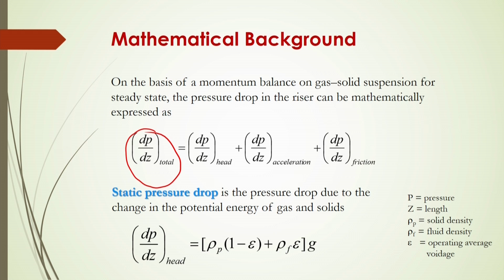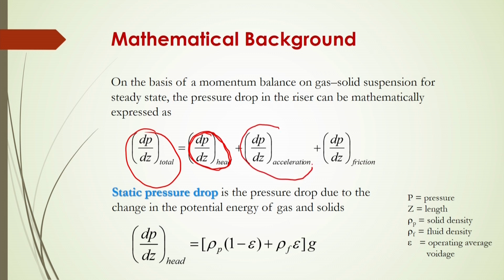So, this will be the measured pressure drop, per unit length, that is dP/dz. And what is this? This is the head pressure drop. What should be the hydrostatic pressure drop inside the bed? That depends on the level of the fluid mixture inside the bed, and it is called the hydrostatic or head pressure drop.